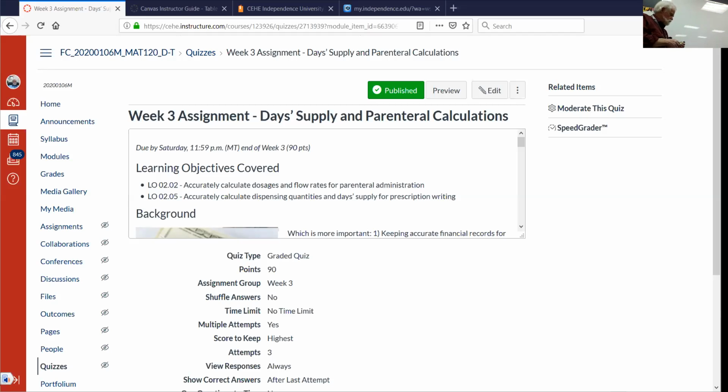And remember that infusion can be by pump. So this is an automatic device that you can set, and the rate is in milliliters per hour.